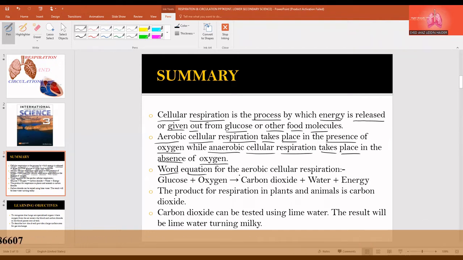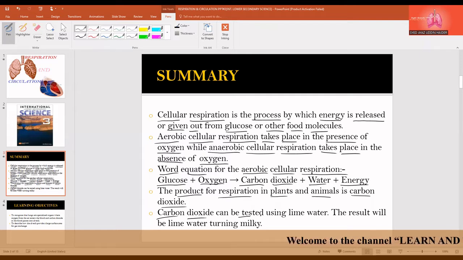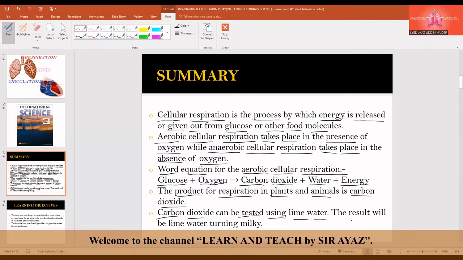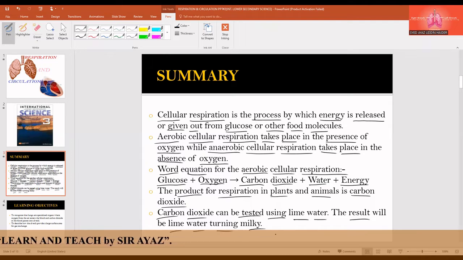Word equation for the aerobic cellular respiration: glucose plus oxygen, you will get carbon dioxide, water, and energy. The product for respiration in plants and animals is carbon dioxide. Carbon dioxide can be tested using lime water. The result will be lime water turning milky.